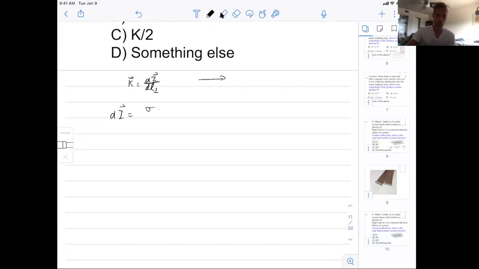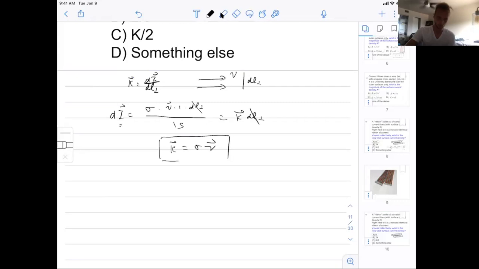Let's say you have charges moving with velocity v across this dl length. In 1 second, it moved a total distance of v times 1 second. That is the length. Length times width is your area, and that divided by 1 second is your current, and that's K times dl. If you get rid of your dl, you get K is sigma times v, as opposed to what we had previously, J is rho times v, right?